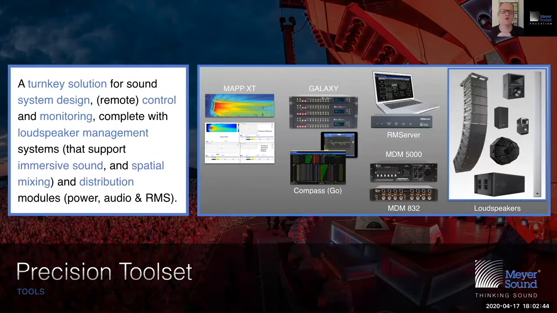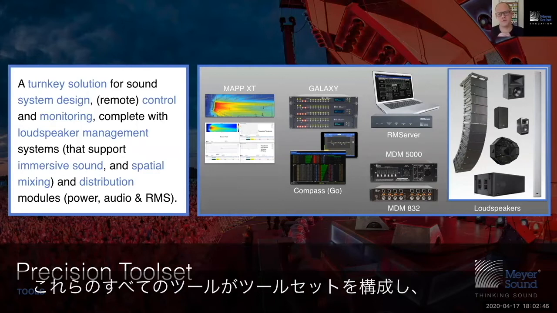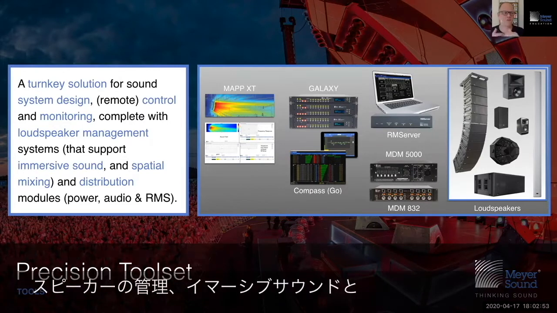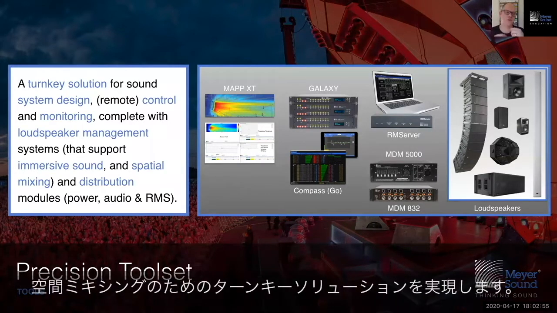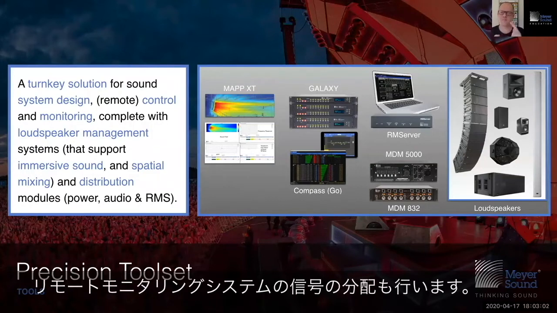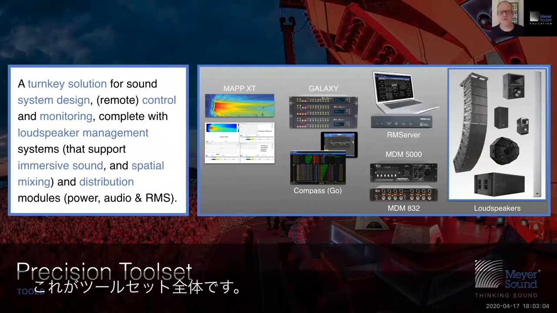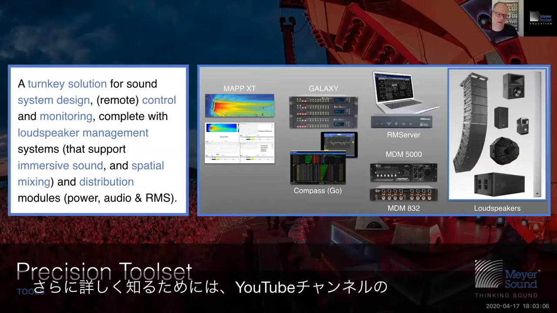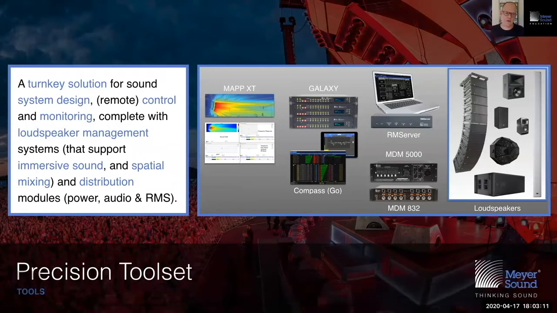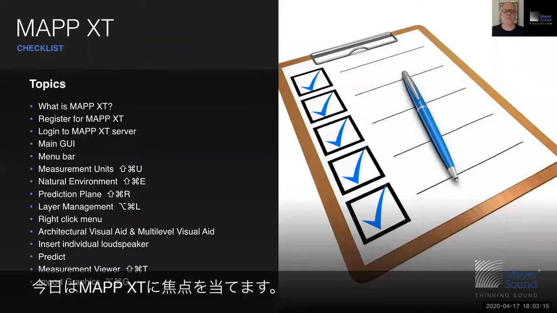And all of these tools together constitute the tool set, and that allows us to have a turnkey solution for sound system design, control, monitoring the health of our system, manage the loudspeakers, support immersive sound and spatial mixing, and even the distribution of our power, audio, and remote monitoring system signals. So that's the entire tool set. But in order to learn more about that, I recommend you watch that particular webinar on YouTube channel Thinking Sound, because today our focus will be Mapp XT.